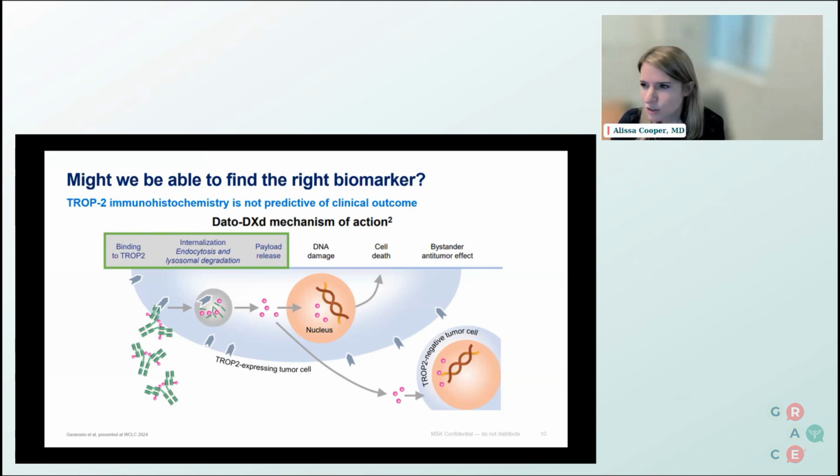And that's kind of counterintuitive because if the antibody is targeting it, you would think that should be linked, but unfortunately it's not. So we have to think a little bit more creatively about how and why these drugs might work.